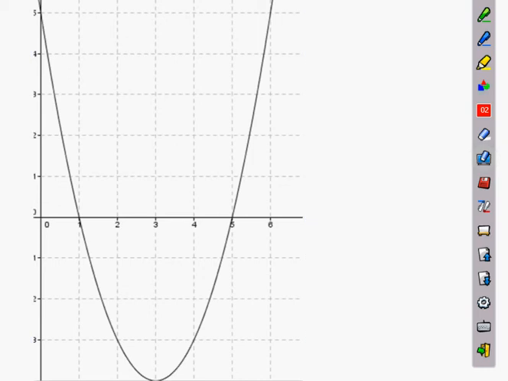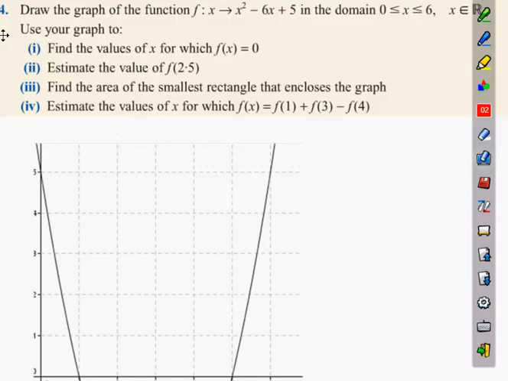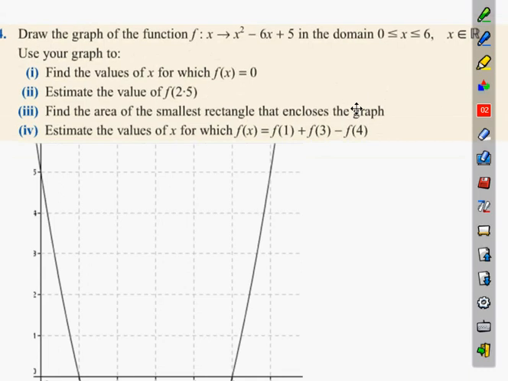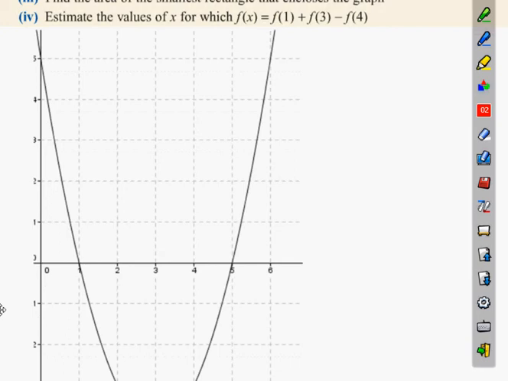Now, estimate the values of x for which f of x equals f of 1 plus f of 3 plus f of 4. Okay, so this is going to be an interesting one. Anybody tell me what f of 1 is?